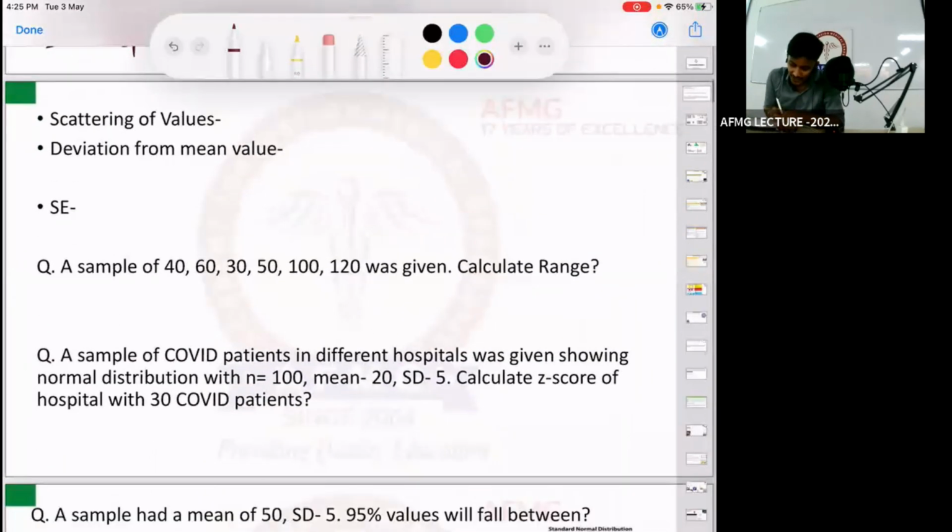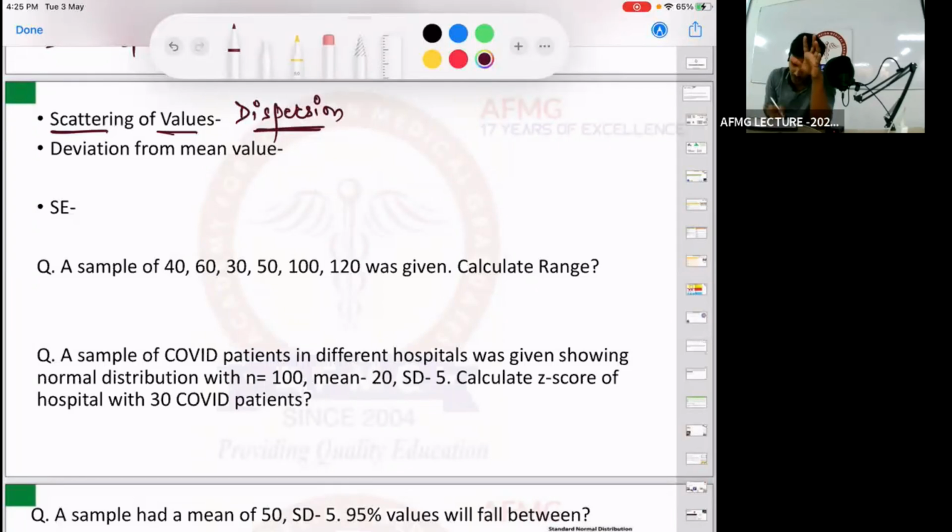Next, scattering of values from a mean value is called as dispersion.